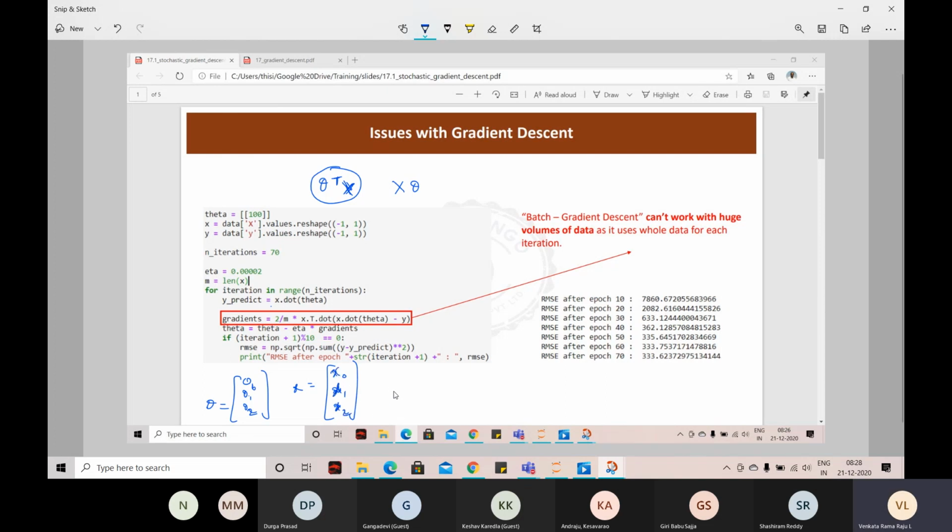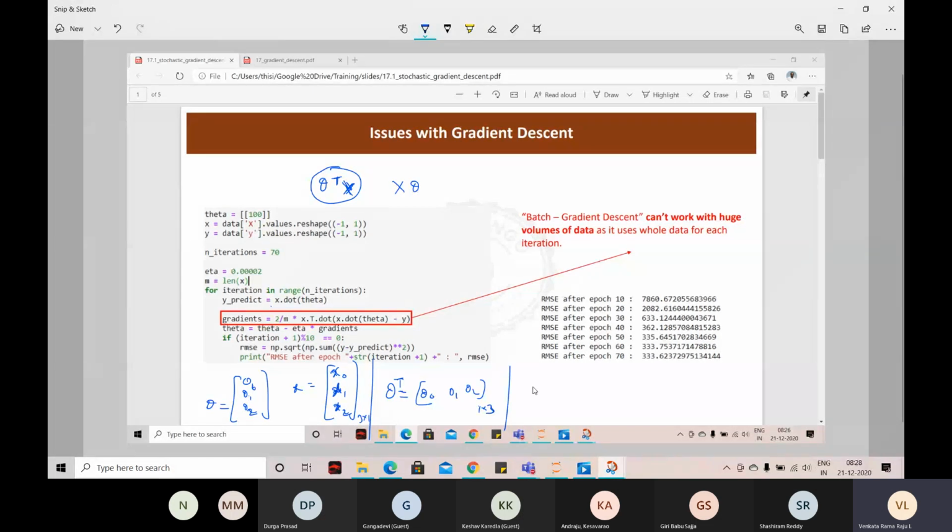When you do theta transpose X, X is not changing. Theta transpose is a 1 by 3 matrix and this is a 3 by 1 matrix.